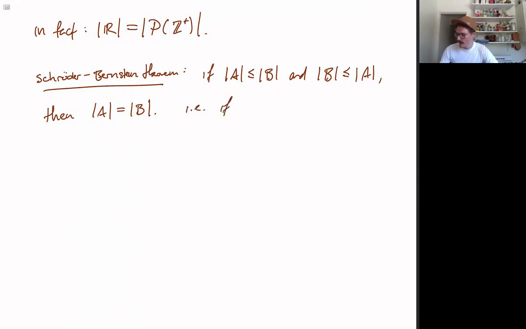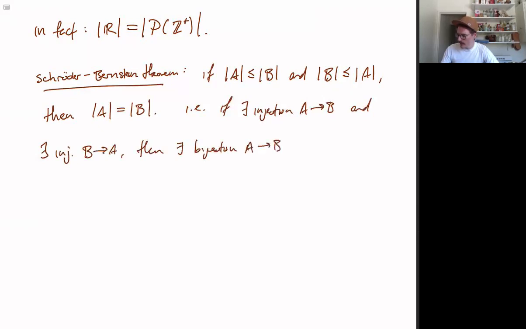It's saying that if there's an injection from A to B and an injection from B to A, then there exists a bijection between A and B. But if you have injections both ways, it's not at all clear how to construct a bijection.